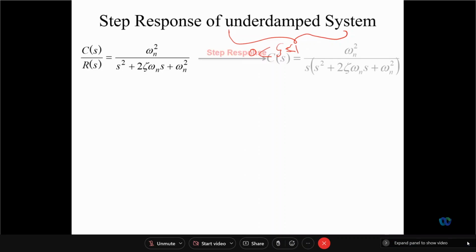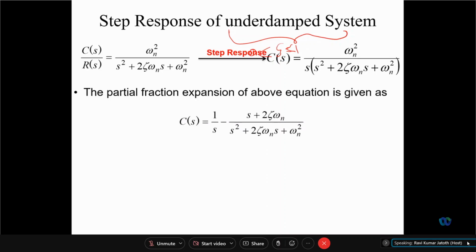Okay. So when zeta is lying between 0 and 1, and if you try to simplify this, for a step response, R of s is 1 by s. Then you have s square plus 2 zeta omega n s plus omega n square.